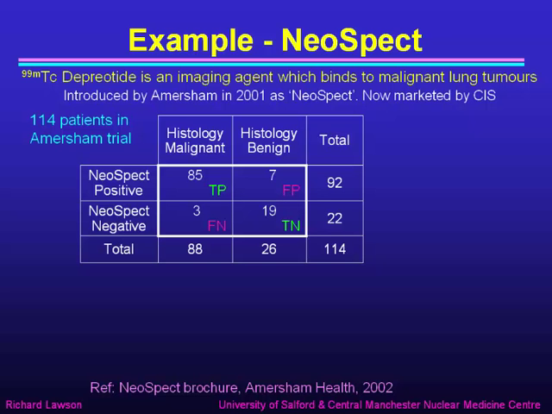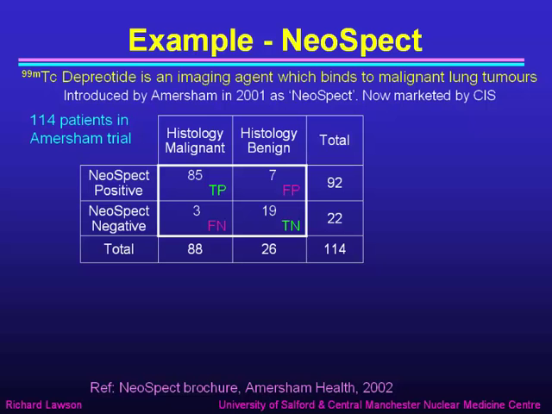Now, in the SPECT brochure from Amersham Health in 2002, they showed data from 114 patients who'd participated in the original trial of SPECT. So the patients had all had the histology on lung tumours to show whether they were malignant or benign, and they'd undergone imaging with SPECT to see whether they had positive uptake of SPECT or they didn't have uptake of SPECT.